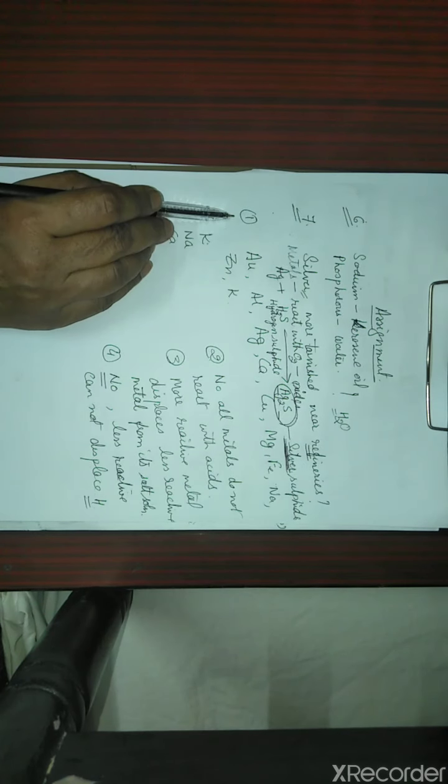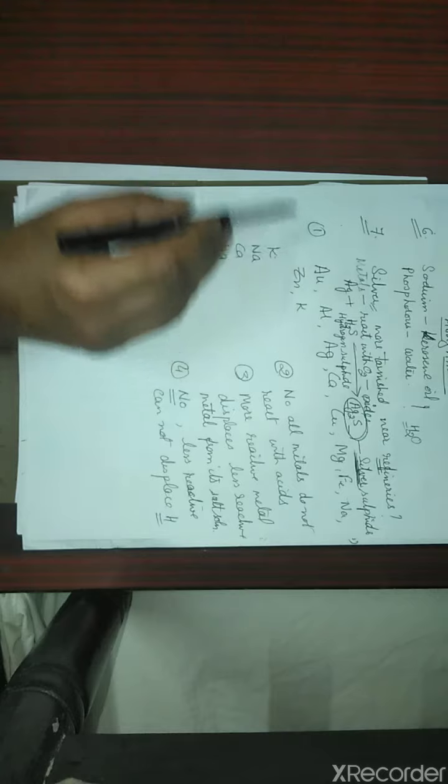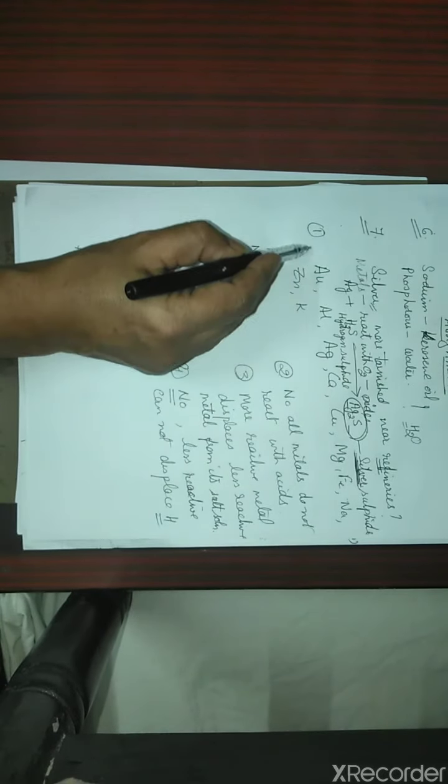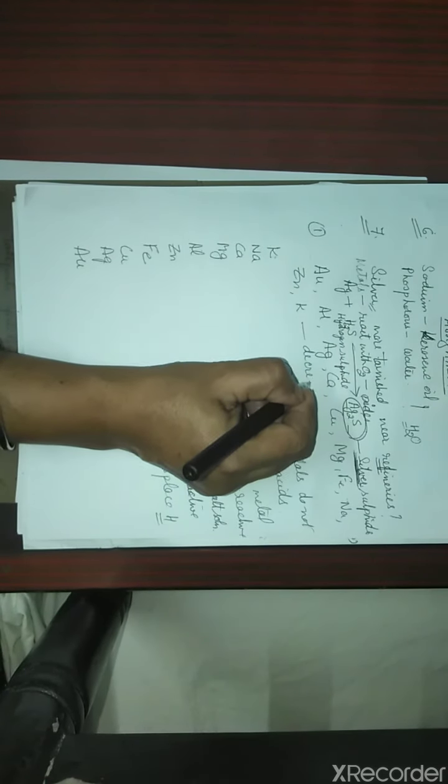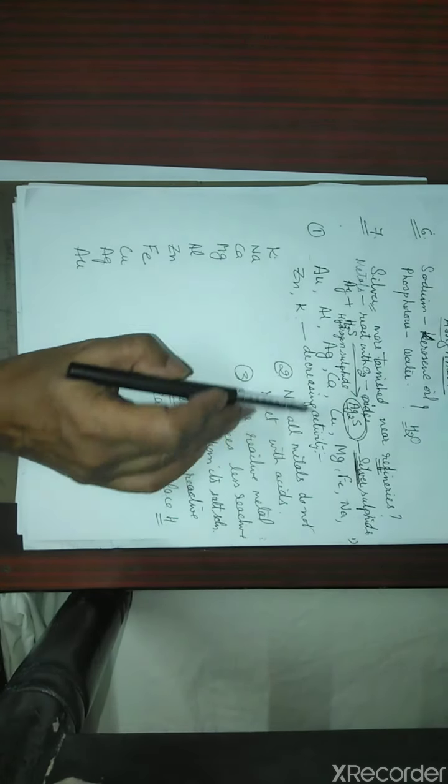Then there is a question in the assignment that is based on the reactivity series, that is arrange the metals. These metals are given there, arrange them in the order of decreasing activity. I think this is the question over there in your assignment.